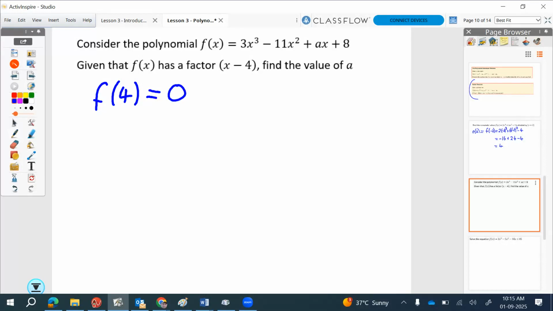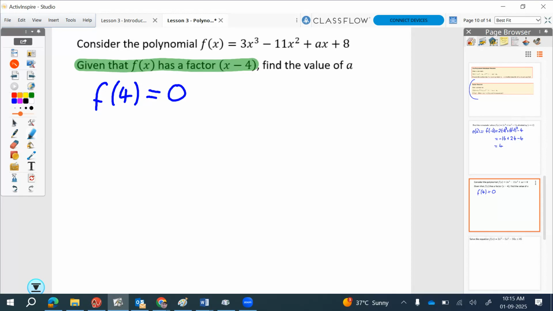Given that it has a factor x minus 4, so let me just highlight that. This clause tells us this from factor theorem. So if x minus 4 is a factor, f of 4 must be 0. We could therefore use this to create an equation to solve our problem.